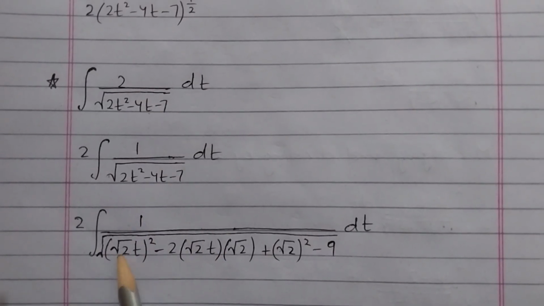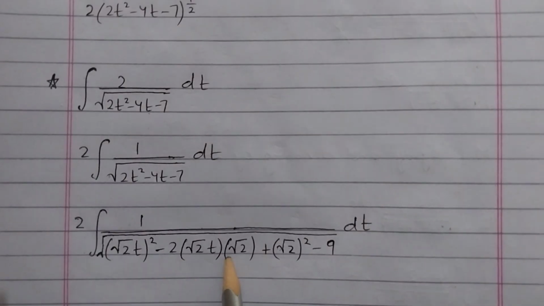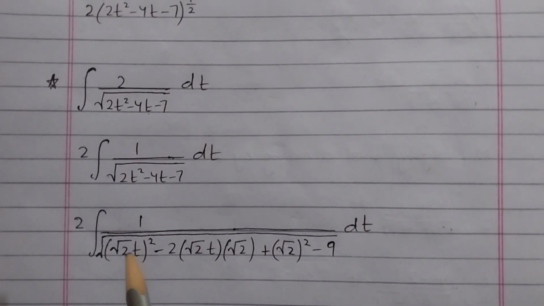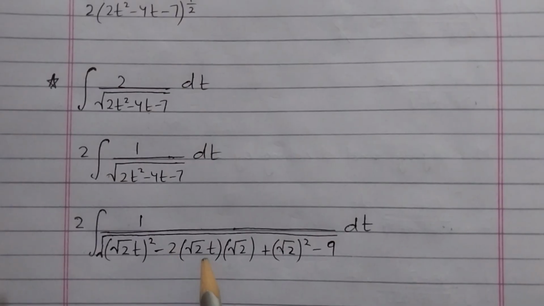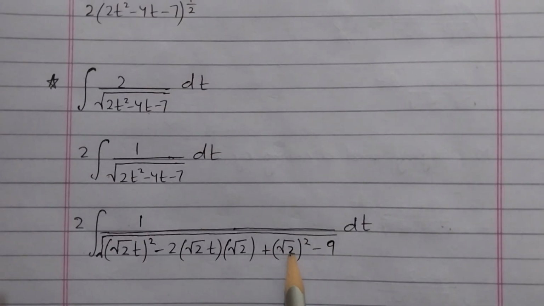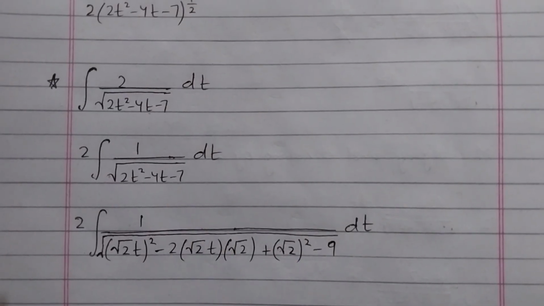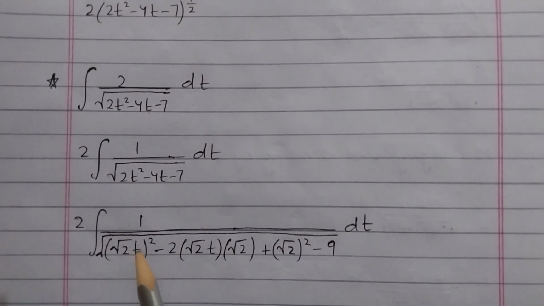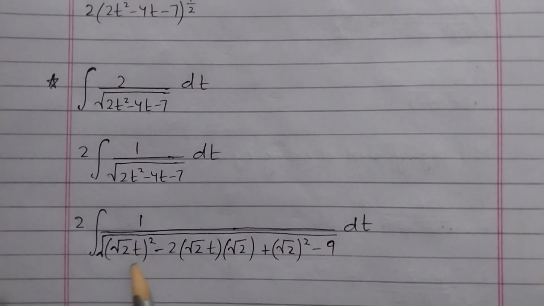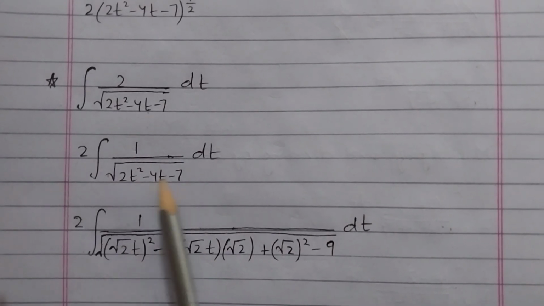So now we have a square minus 2ab. Since we want to complete the square here, the third term of the formula is plus b square. So plus, we let b be square root 2, so square root 2 whole square, and these two terms are basically equal to these two terms here.